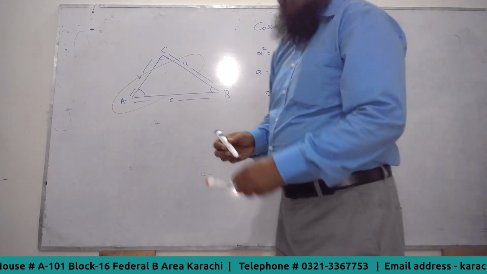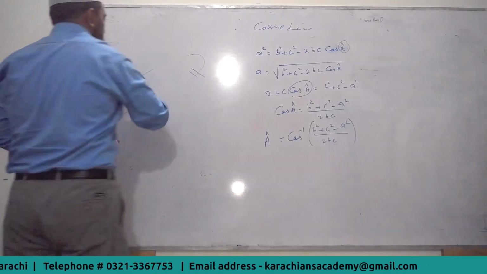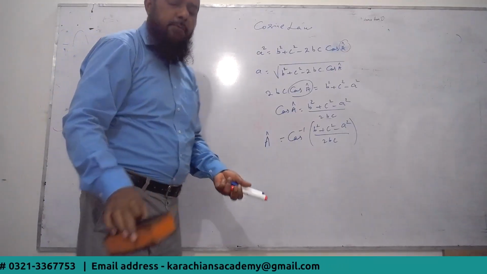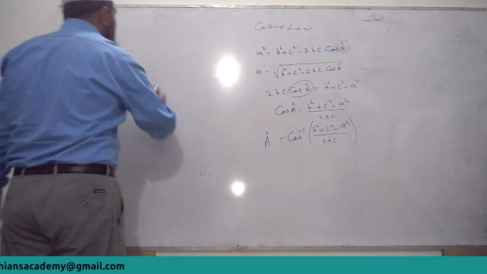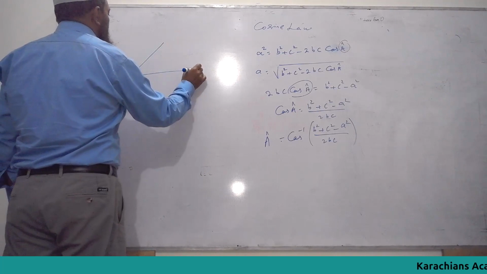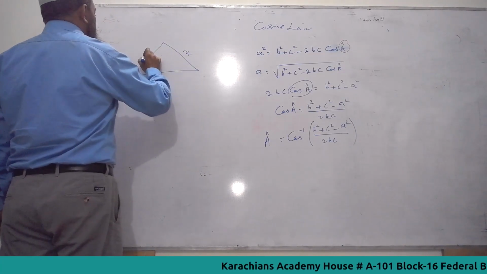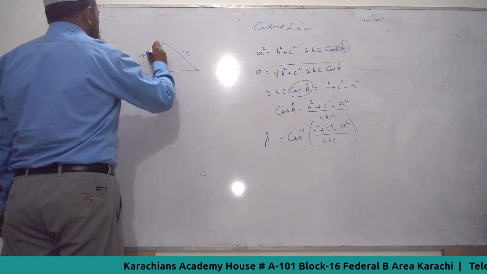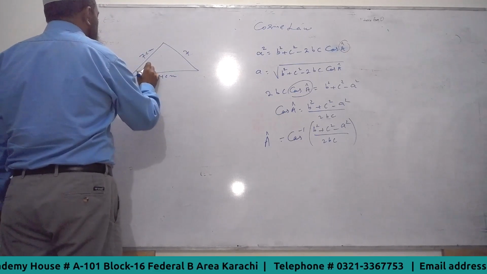Similarly, if a question comes like this, you find the side a by using the cosine law. In fact, you have to apply the cosine law; you cannot solve this question with the sine law. So a question comes where we need this x, this side is 7 centimeters, this is 4 centimeters, and let's suppose the angle is 40 degrees.